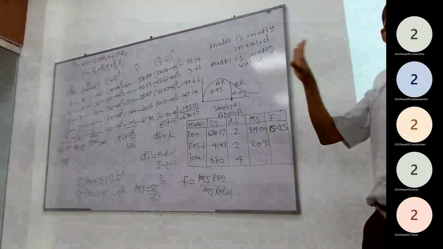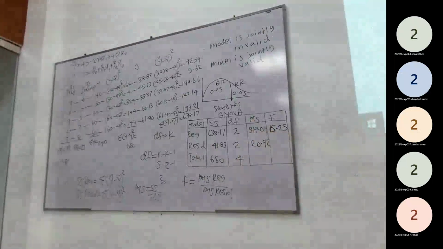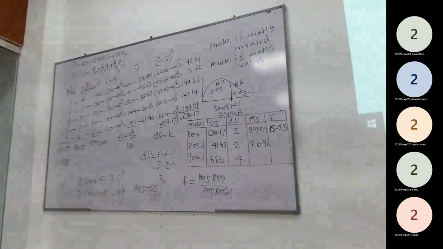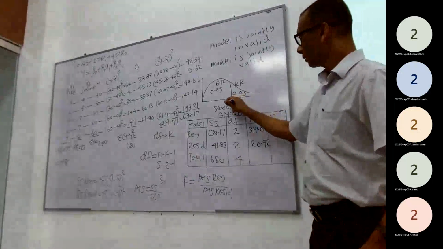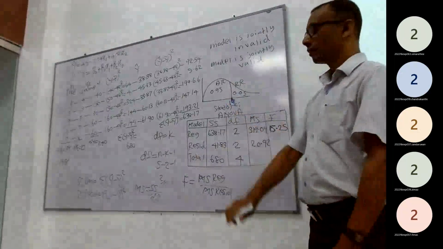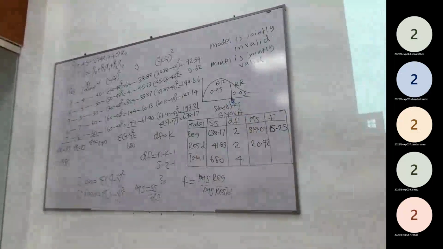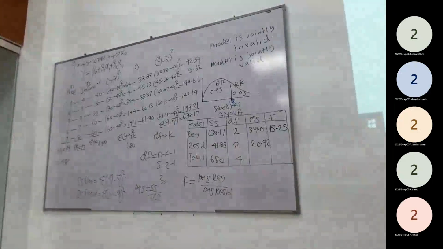Regression and residual degrees of freedom are 2 and 2. Then in the F table with 2 and 2, the value is 19. 2 degrees of freedom and 2 degrees of freedom, regression and residual. Isn't it?